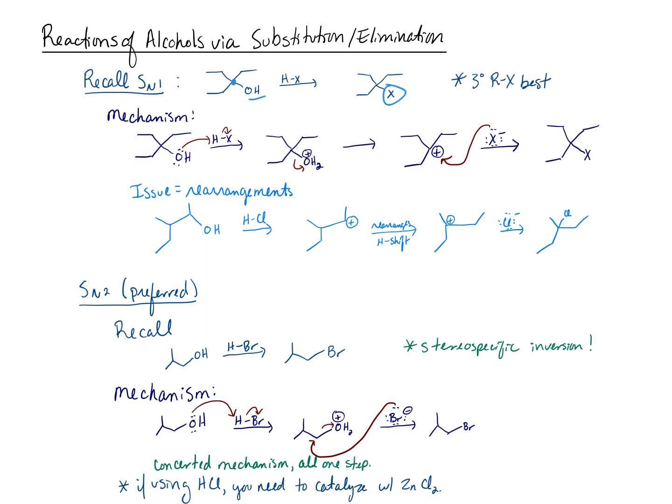The mechanism is that we're going to grab a hydrogen from your acid, and then the water leaves, leaving behind a carbocation that can then be attacked by different nucleophiles, because you still have a nucleophile from this guy over here, right? And so you end up with an alkyl halide at the most substituted carbon.